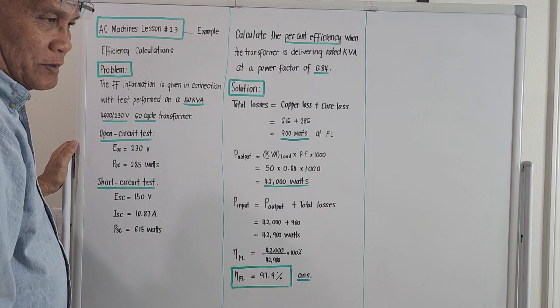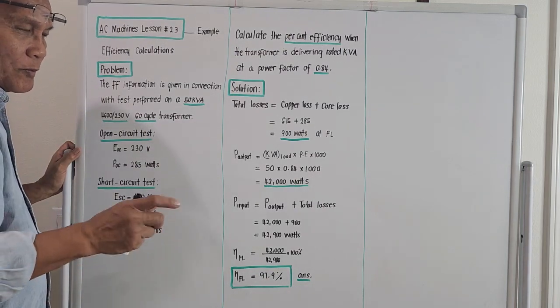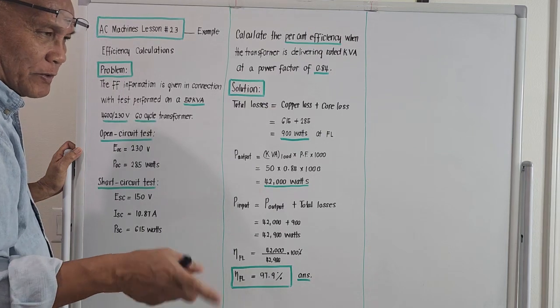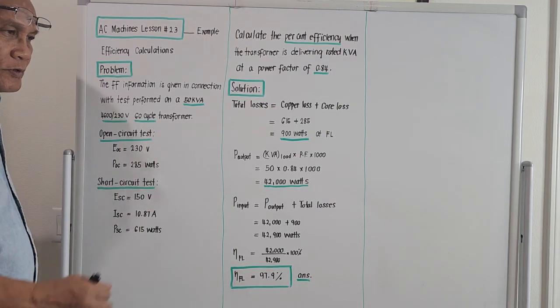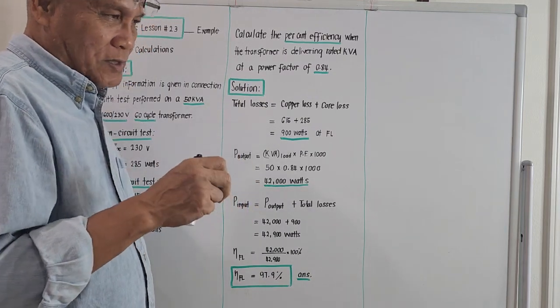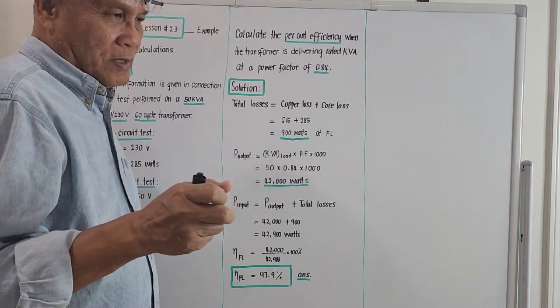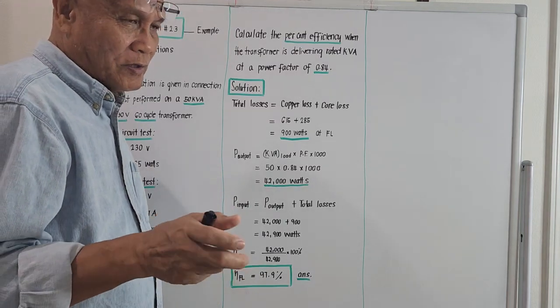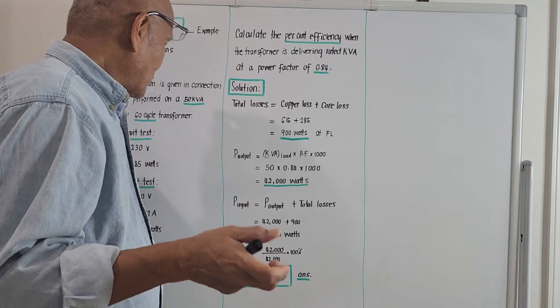The last time around, I derived the formula on how to compute the efficiency of a transformer. Efficiency is actually power output over power output plus the total losses, and the total losses comprise the copper loss and the core loss. Okay, let's proceed.